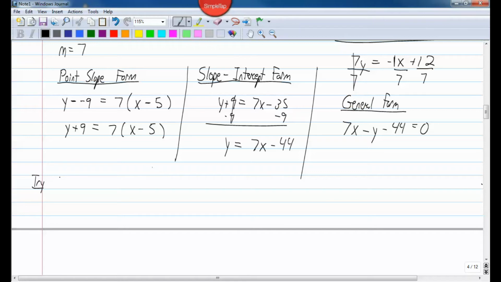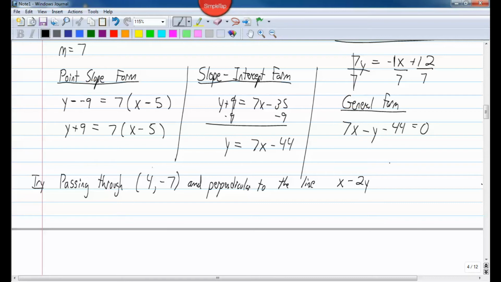Write the equation in all three forms for a line passing through (4, -7) and perpendicular to the line x minus 2y minus 3 equals 0.